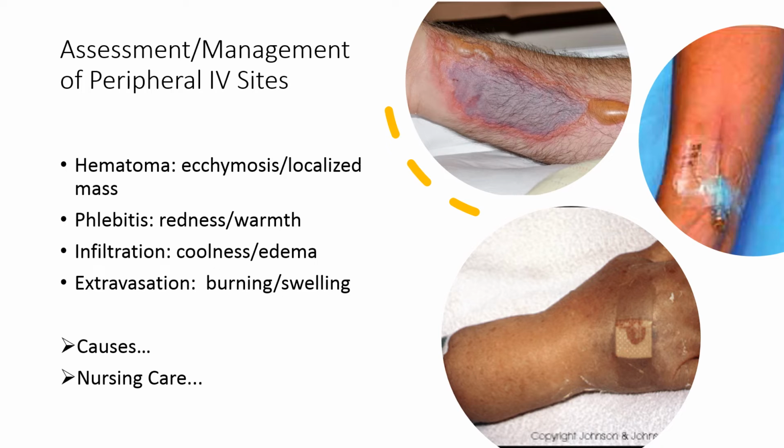Causes of this are mechanical irritation, infusion of solutions that are irritating to the vessel, trauma to that vessel, movement of the line, compression on the line, and certain solutions like potassium chloride and antibiotics may also cause phlebitis.